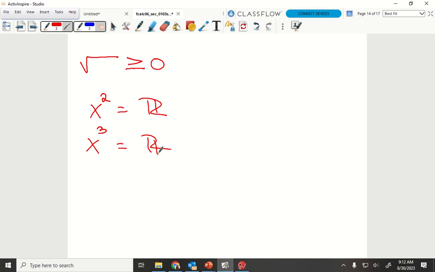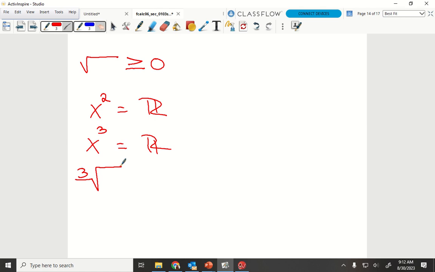What about cube root? Can't have negatives in a square root.